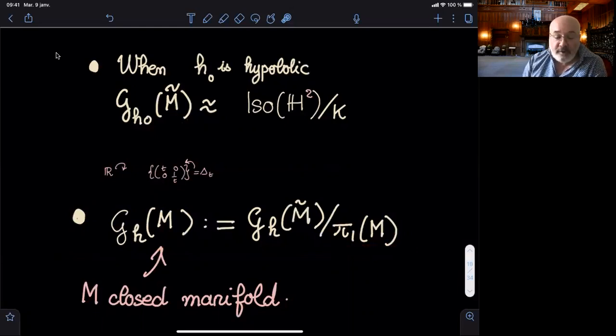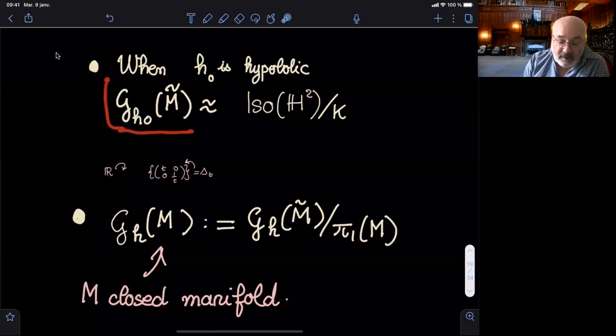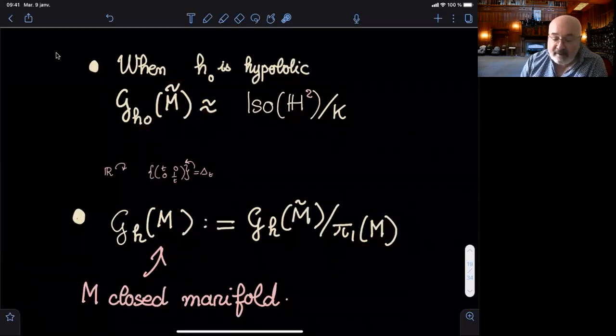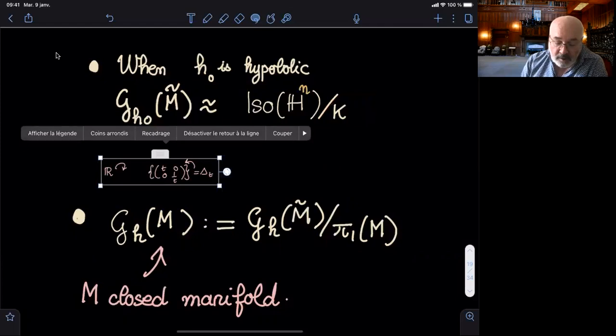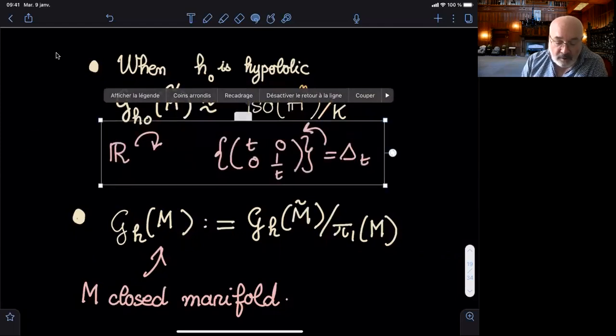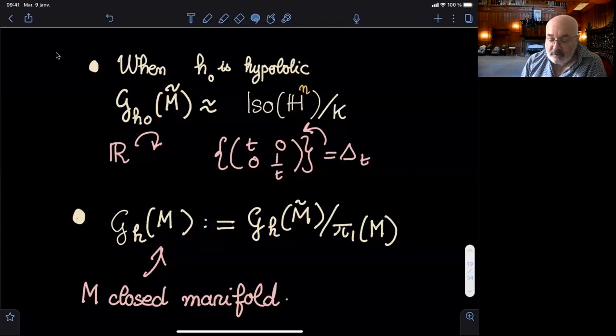In the context when the metric is hyperbolic, this space is homogeneous under the isometry group, and K here is a compact subgroup. The action of R on this space becomes an algebraic action. Here the diagonal group appears only in the case when the dimension is equal to 2.